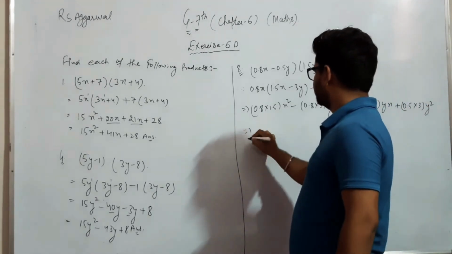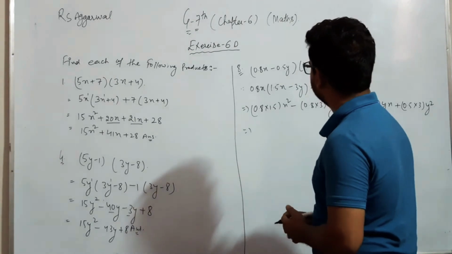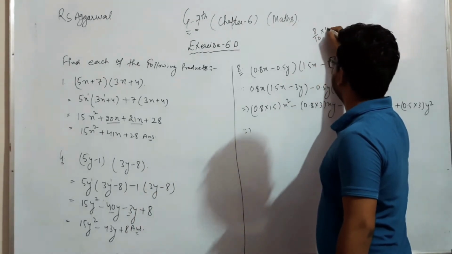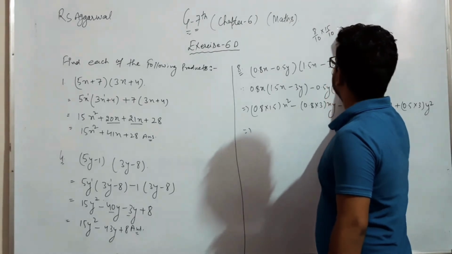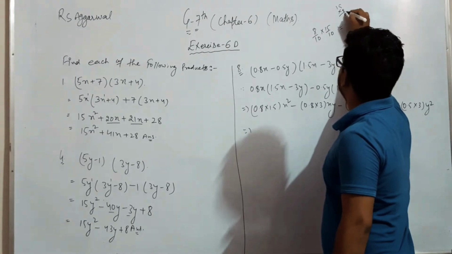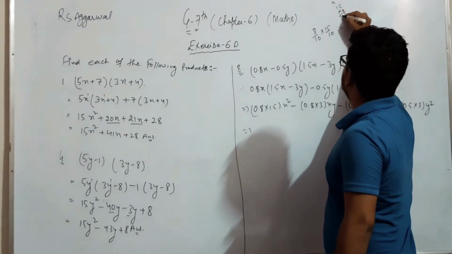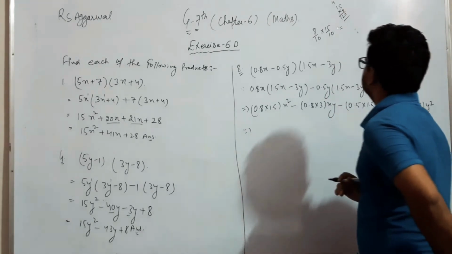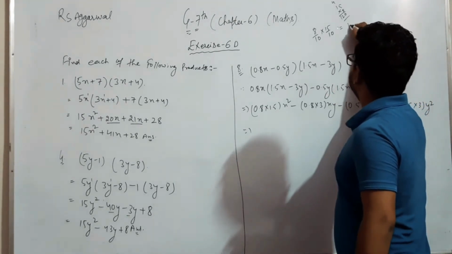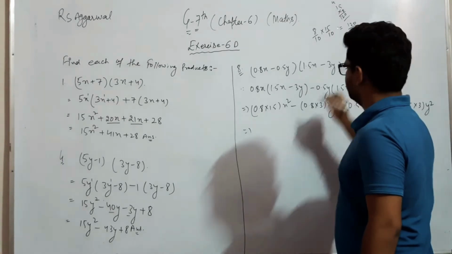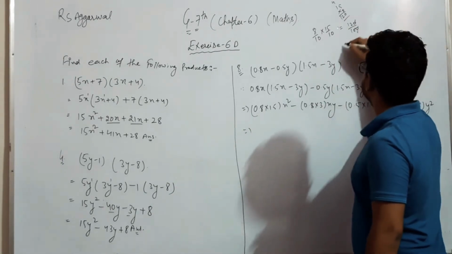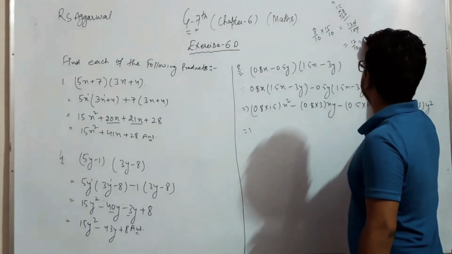Now 0.8 is multiplied with 1.5. First we change to fraction form: 8 by 10 into 15 by 10. 15 times 8 is 120, so 120 by 100. Cancelling the zeros, 12 by 10, and in decimal form 1.2.